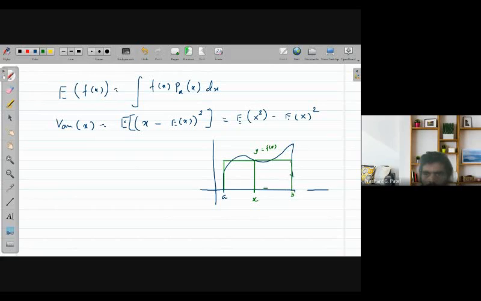What will be the area of this rectangle? That is the height times its breadth. The breadth will be b minus a, that is the distance from here to here, and the height is f(x). So the area of this rectangle is f(x) times (b minus a).